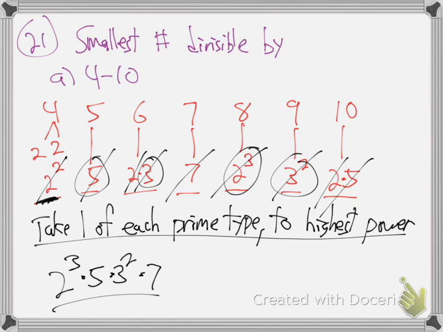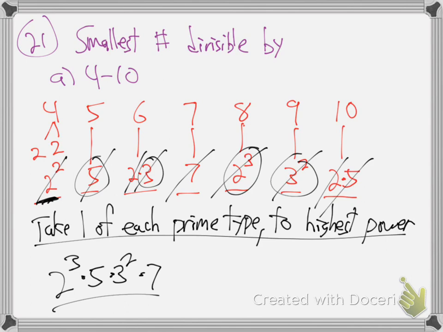There it is. Whatever that number is, that's the smallest number, because it has just enough. So they all would go into it. Do you see how we formed that? It has all the pieces needed, so any of these numbers are found in it.